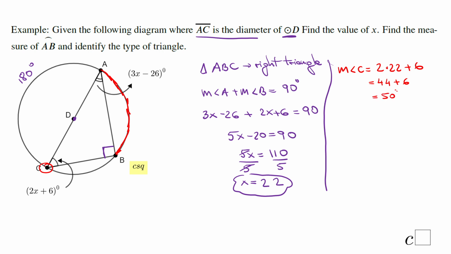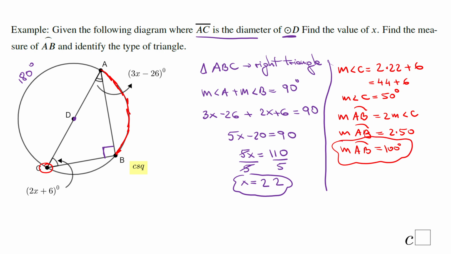And now if we know the measure of angle C, what do we need to do to find the measure of arc AB? We need to double this guy. Remember, if we know the angle, you double it and you get the arc. So the measure of arc AB will be 2 times 50, and that will be 100 degrees.